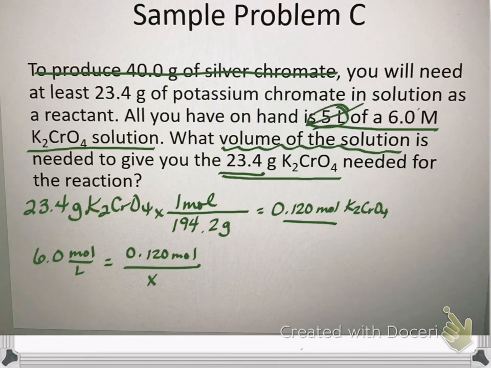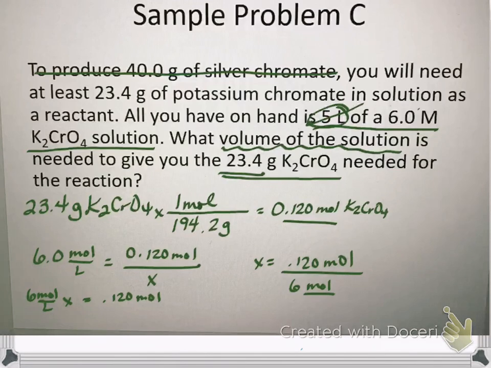So 6 moles per liter times X is equal to 0.120 moles. So to solve for X, I'm going to take 0.120 moles divided by 6 moles per liter. So let's plug that in the calculator.